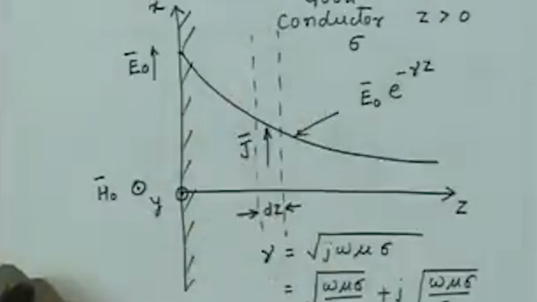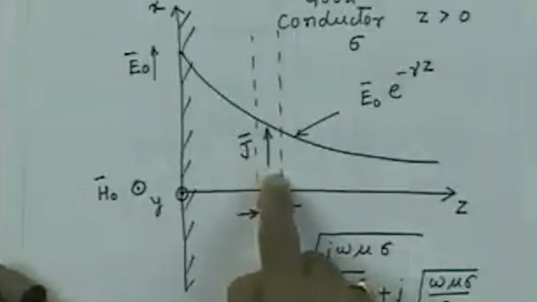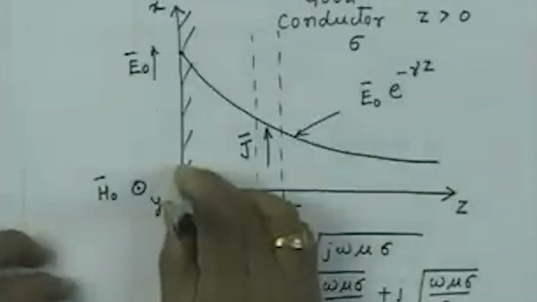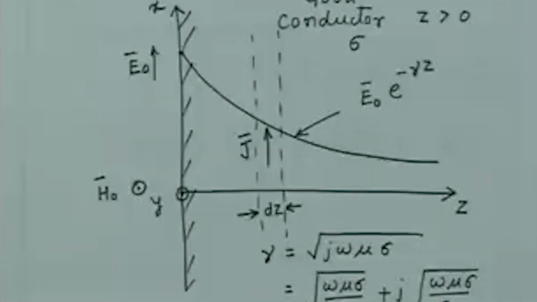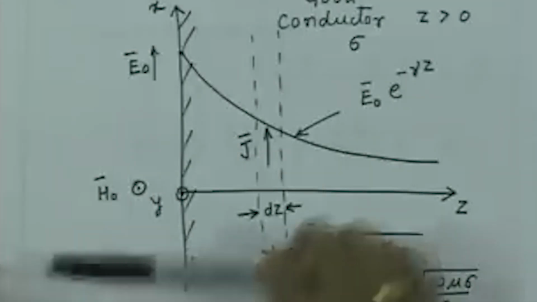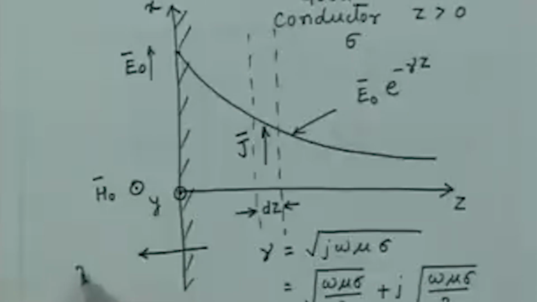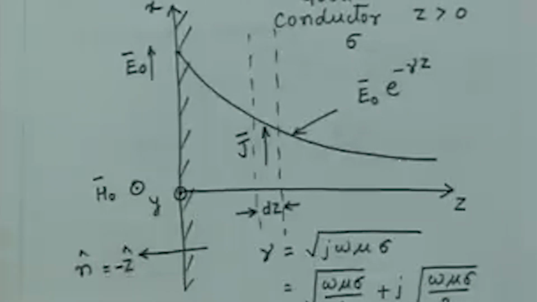So, the direction of surface current also is same as this, which is x direction. So, we have direction of surface current which is x oriented, we have magnetic field which is y oriented, and the unit normal to the conducting surface is this normal. That means the direction of the normal to the conducting surface n is minus z.